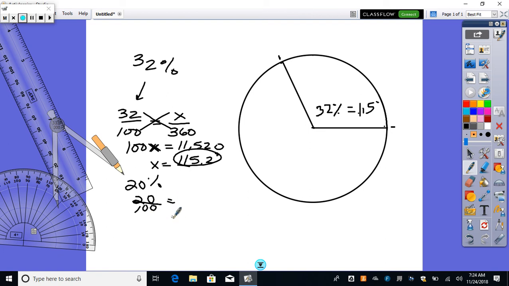And I can set that equal to what degree out of 360. If we go ahead and cross multiply here, you have 100x is equal to 7,200. Divide through by 100 and you have 72.